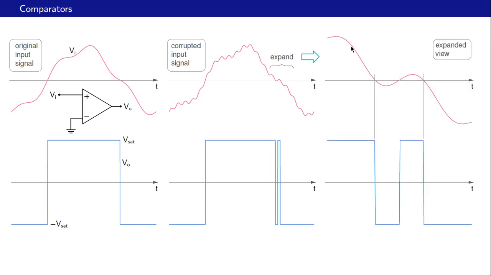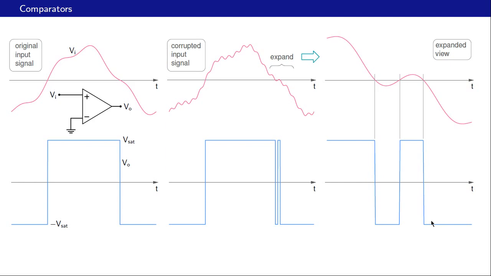So this is our input signal, and instead of crossing 0 only once, as in this case, it is crossing it here and then here and then here again. And because of that, the output transition is not just 1 but 1, 2 and 3.